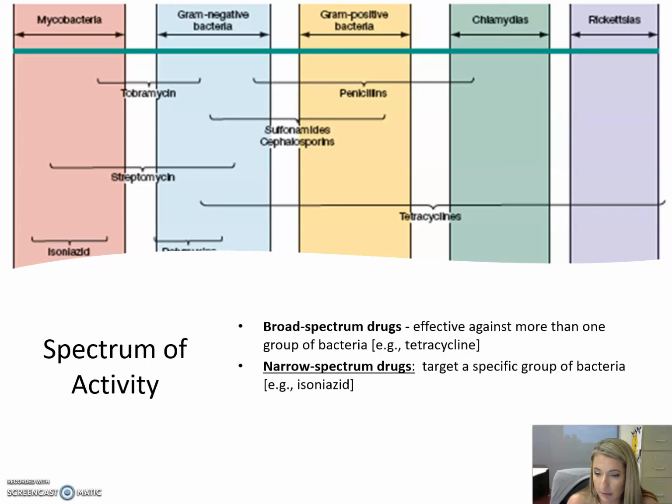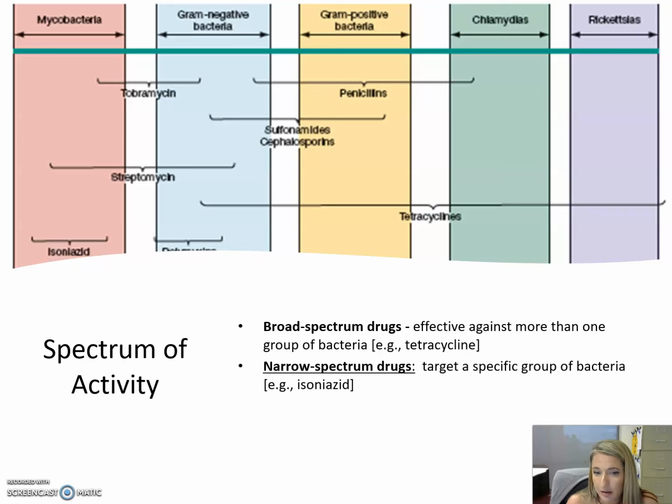Tetracycline is an example of a broad spectrum drug that targets a wide variety of bacteria. Narrow spectrum drugs target a specific type of bacteria. So for example, isoniazid is an antibiotic that's used to treat tuberculosis. It targets Mycobacterium tuberculosis. But because it targets that specific bacterium, it is considered a narrow spectrum drug.